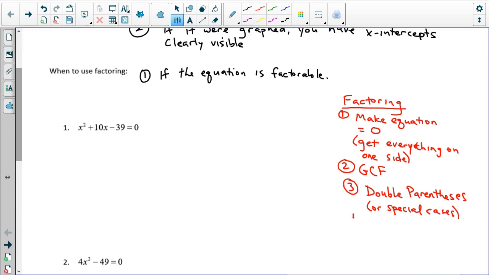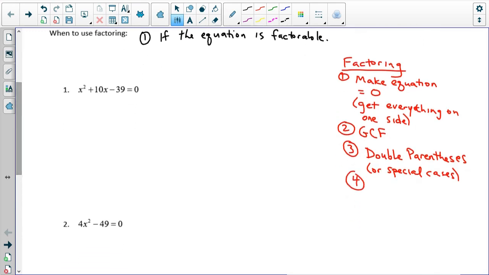And then the final thing when we're solving that we didn't talk about in another factoring video that we may have had earlier: when we're solving, we want to use the zero product property.